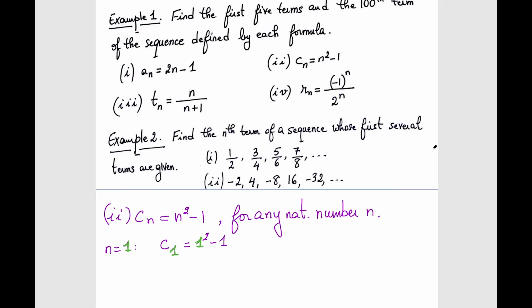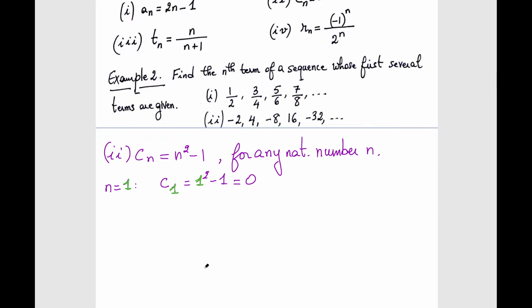So when n is 1, go to the recipe. That's the general recipe for any term. The first term becomes the square of 1 minus 1. So that's 0. So the sequence's first term is 0.